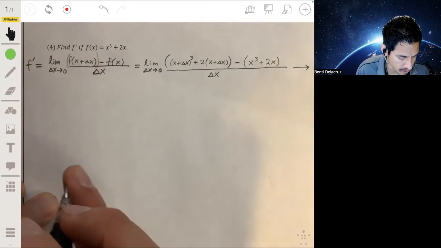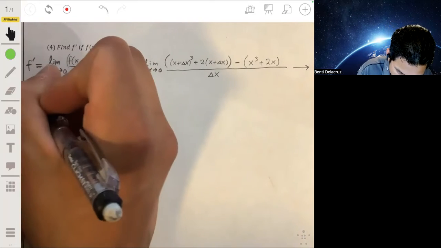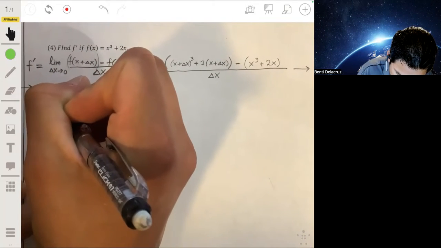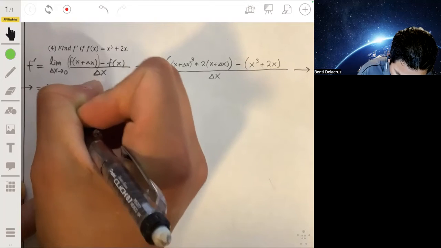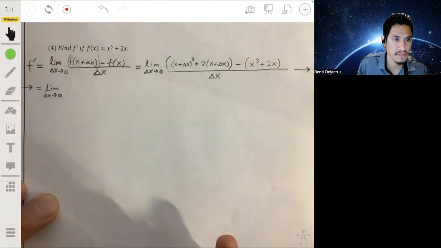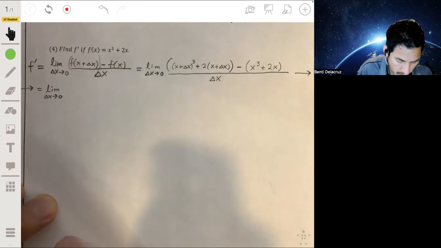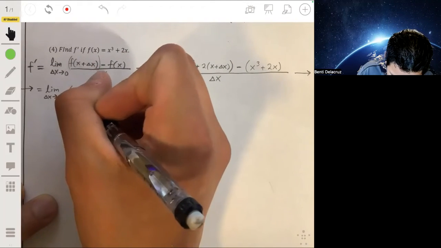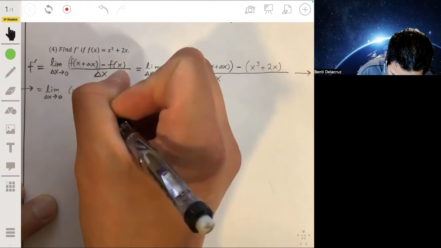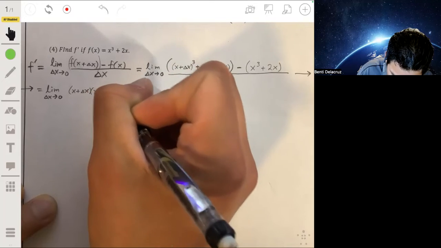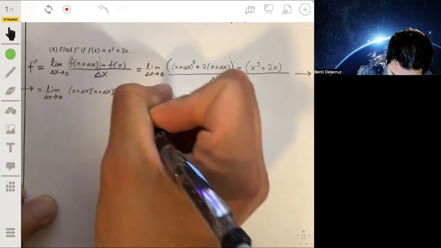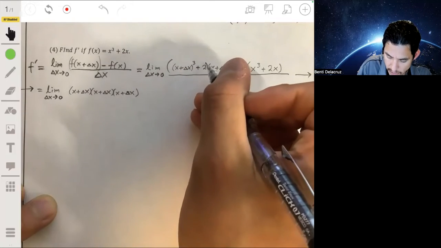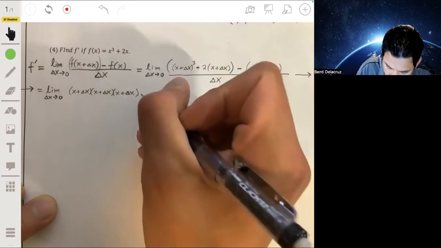And now let's work some magic. So we go. This will be equal to the limit as delta x goes to 0. Now x plus delta x cubed, that's just x plus delta x times x plus delta x times x plus delta x. Remember, this 2 gets distributed to the x and delta x.